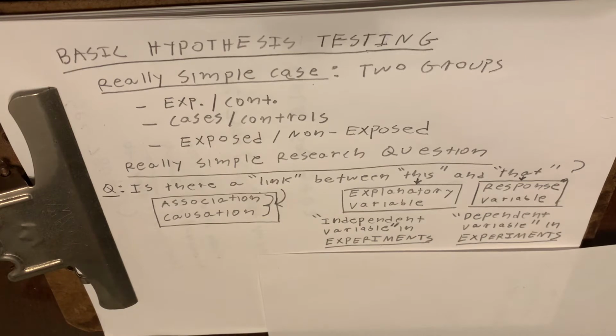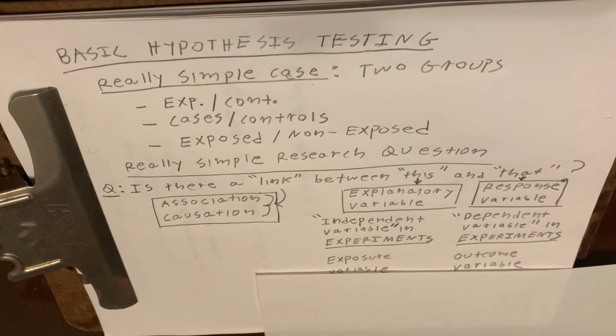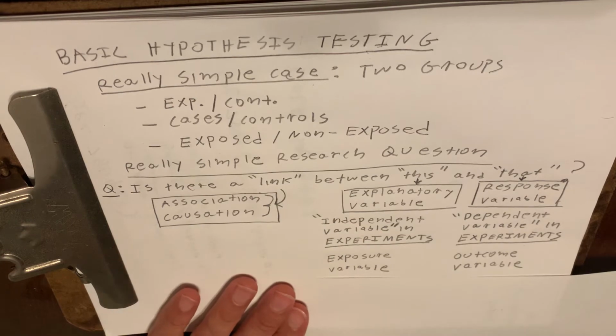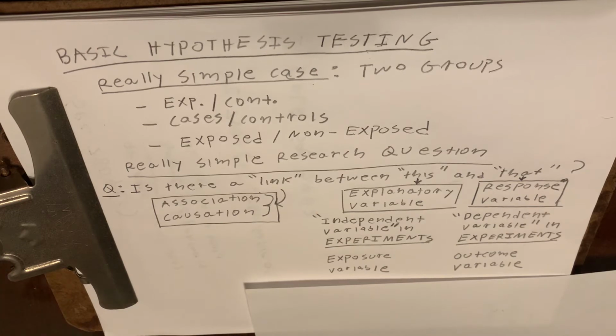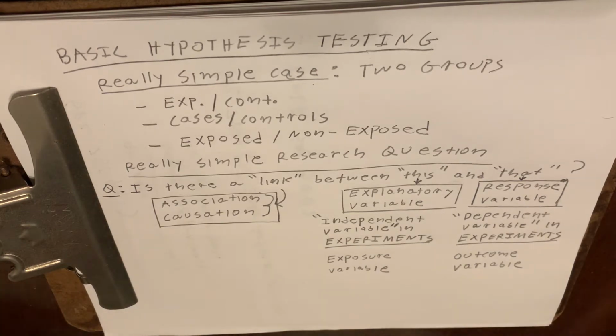Sometimes the response variable could be called the dependent variable, but only in the case of experiments. So this is a distinction that really should be kept in the foreground of your mind. And sometimes this explanatory variable is also called an exposure variable, and the response variable may be called an outcome variable. So this is the basic, one of the most simple hypothesis testing paradigms: is there a link between this and that?